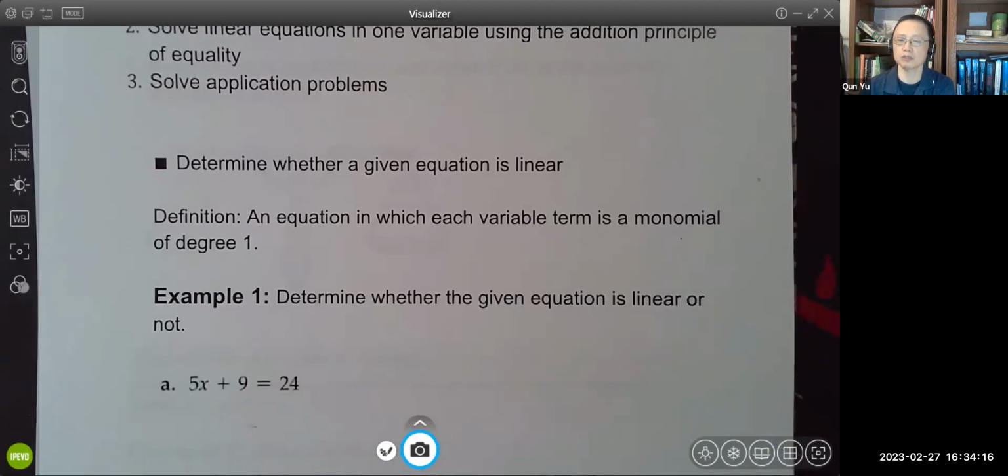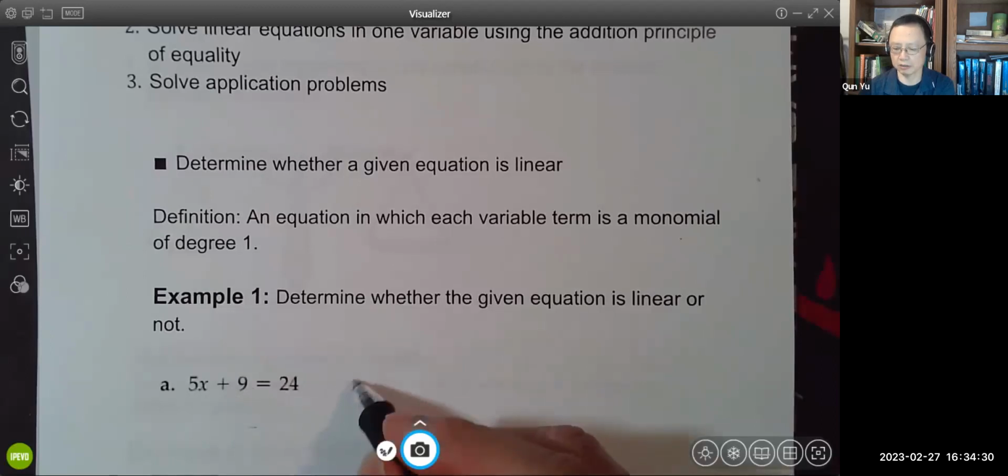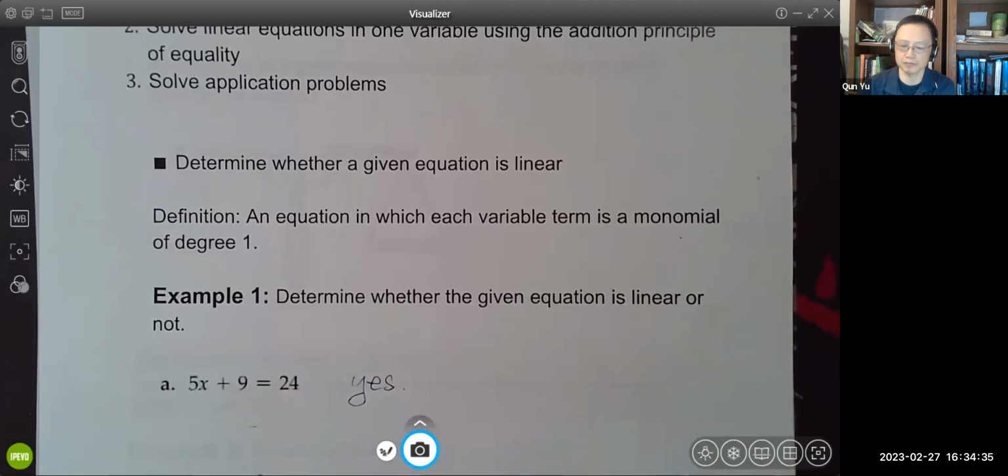Remember, the degree of a term is the sum of all of the exponents of all of those variables in that term. So we only have one variable and the exponent is 1. So from the definition, this is a linear equation. So the answer is yes, it is a linear equation.